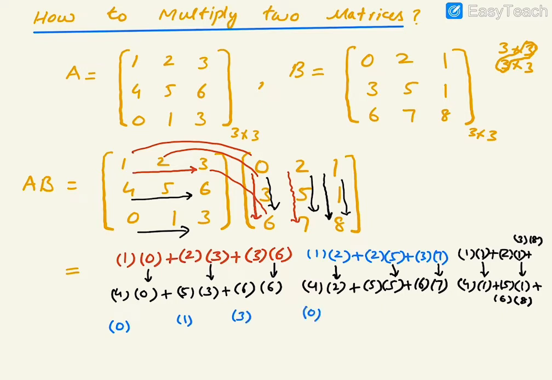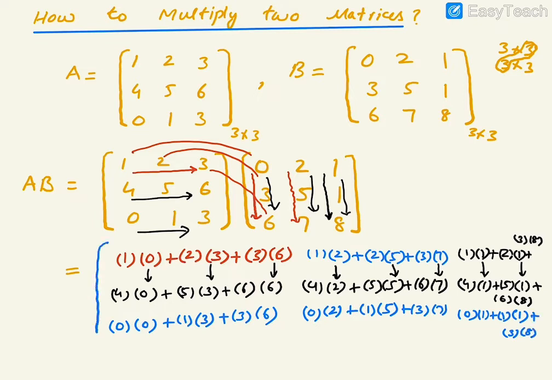Just change the row, the column will be the same, 0, 1 and 3, 0, 1 and 3, and here the same column, this column, second column 2, 5, 7, plus sign, and 1 here, plus 1 here and 8 here, plus sign. Space is less, that's why I am writing like this.